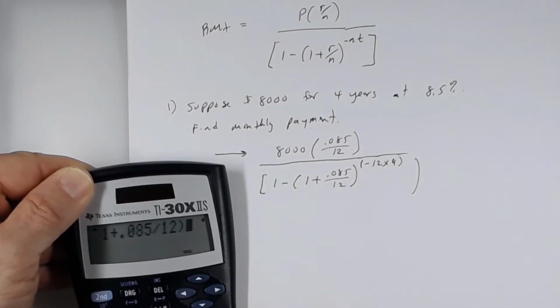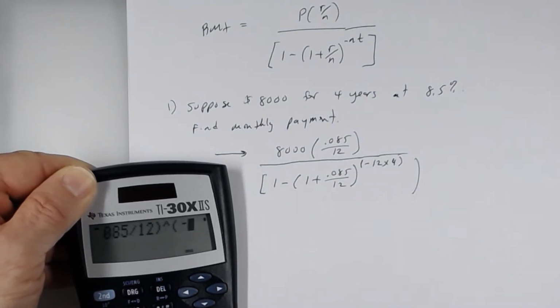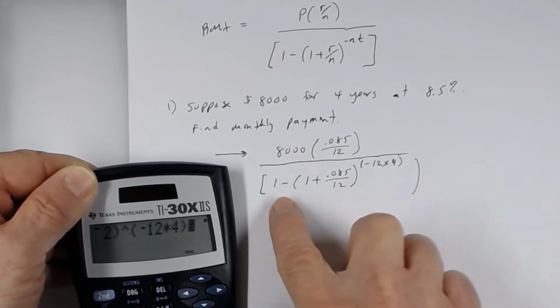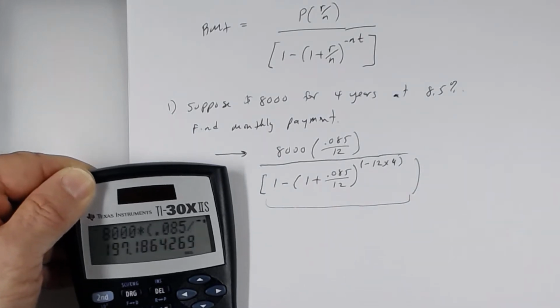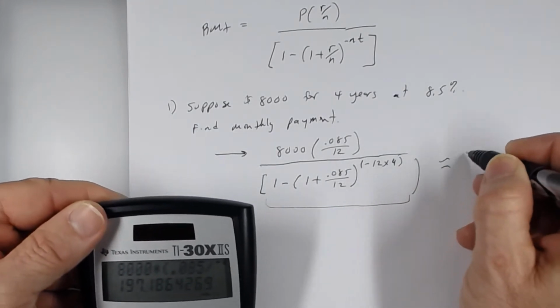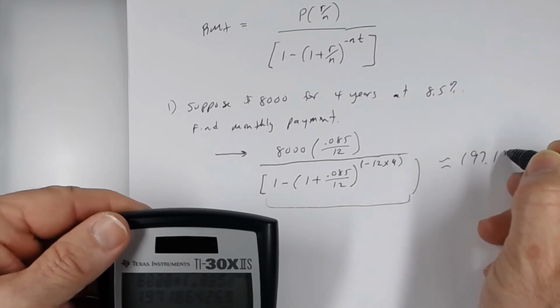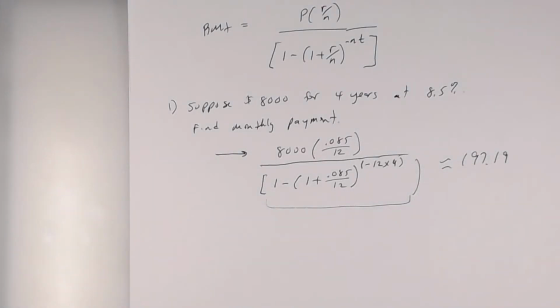I'm raising it to this exponent, so raised, open parentheses, negative 12 times 4, close, and then close the bracket. Then press equal, and you should have gotten about $197.19. Okay, 19 cents.